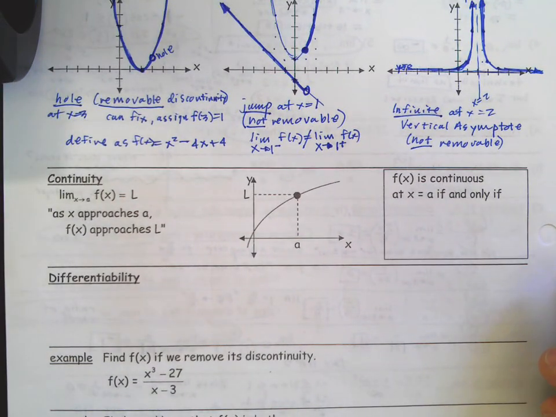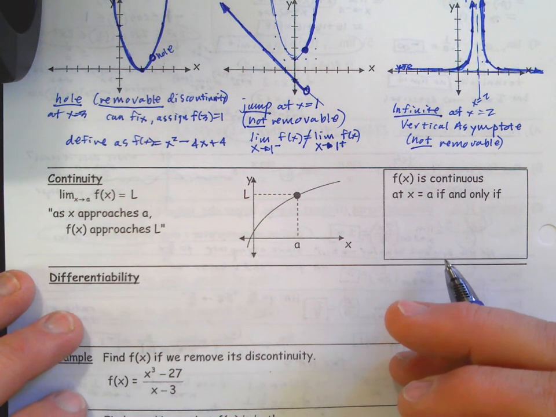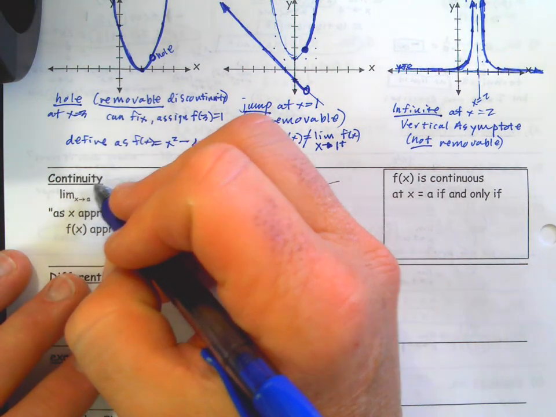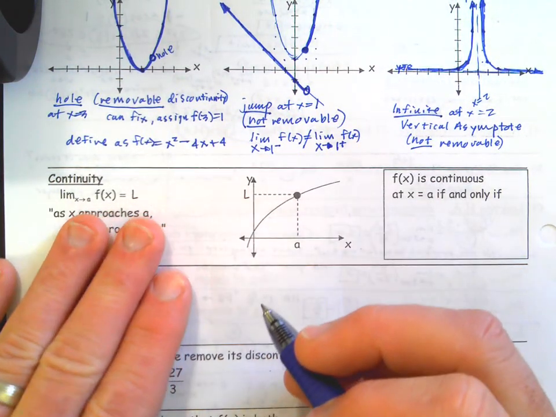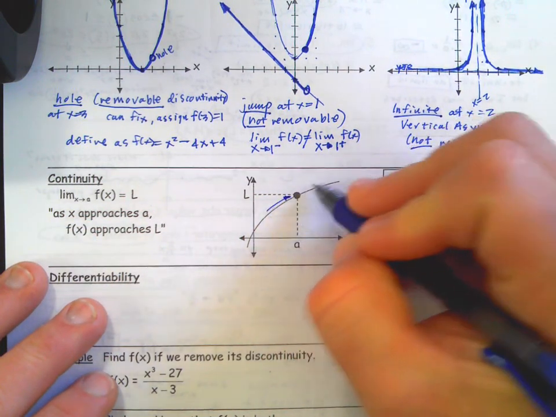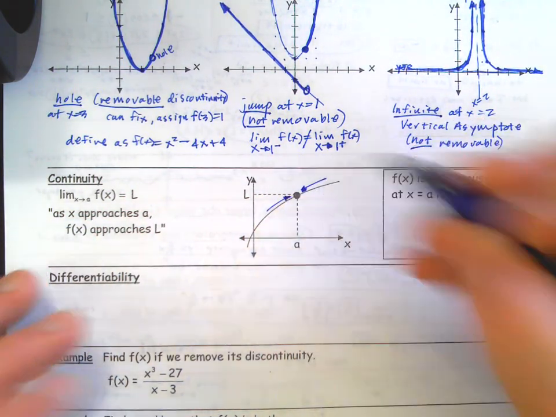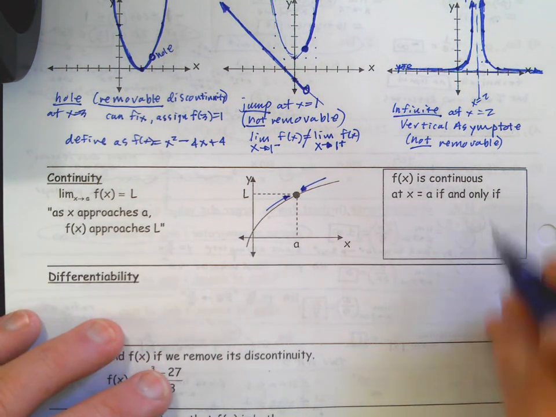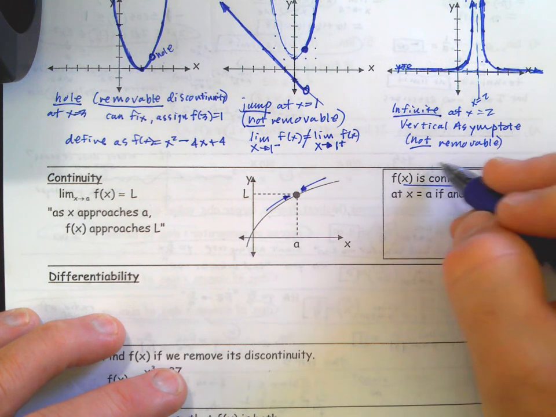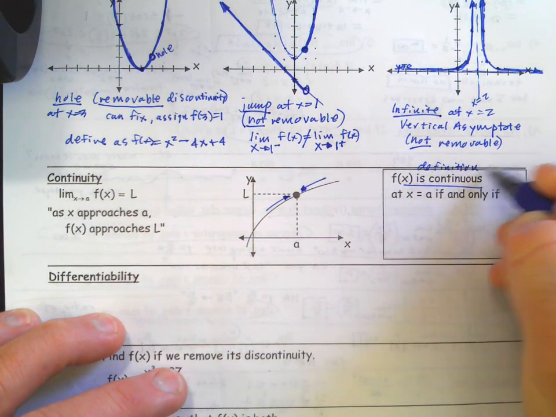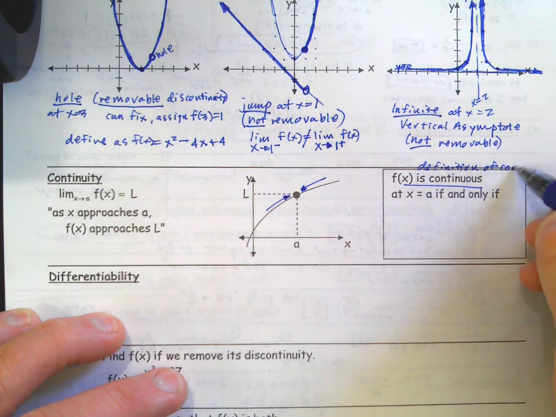Now, the definition of a continuous graph, of continuity, is that this is just sort of our basic idea of a limit, right? You approach both sides, and they both agree, and they approach the value that would be there. Now, f of x is continuous, so this is the definition of continuity.